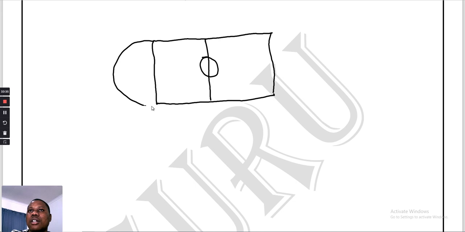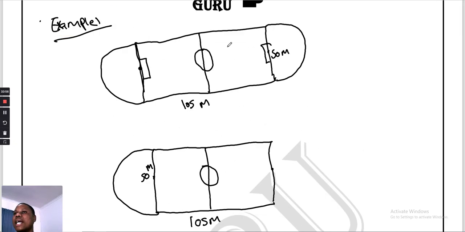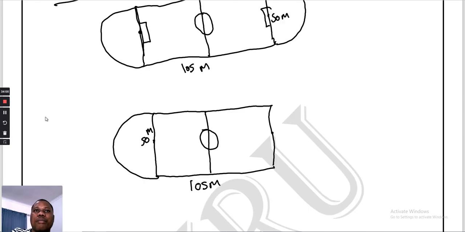This is 105 meters, and then these are the goal areas, 50 meters. Okay, this is example number 2.